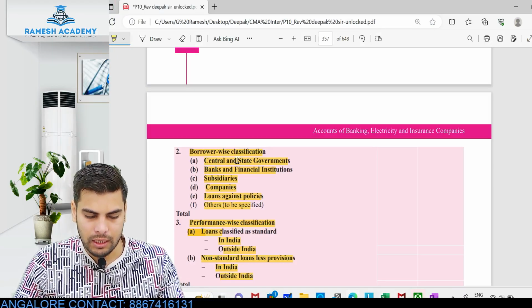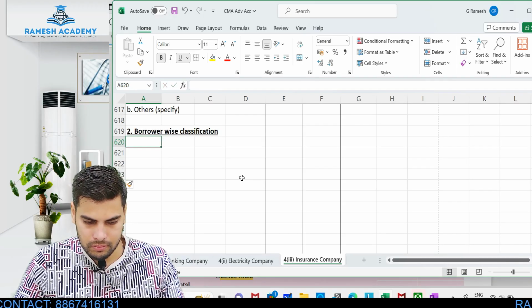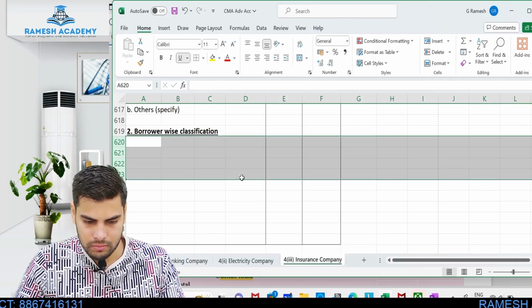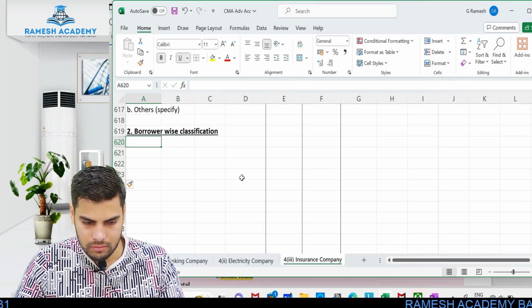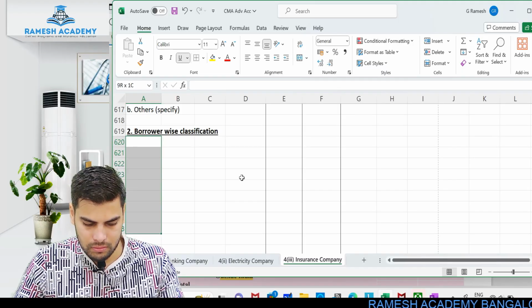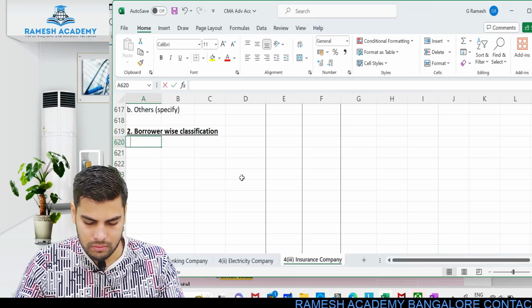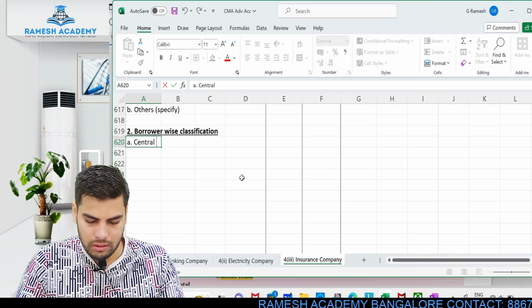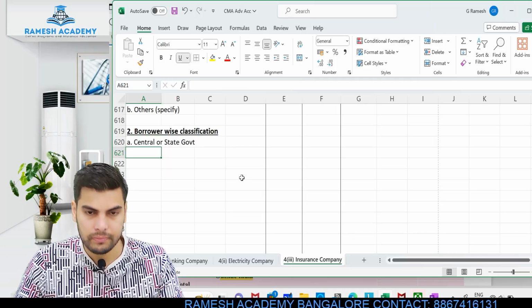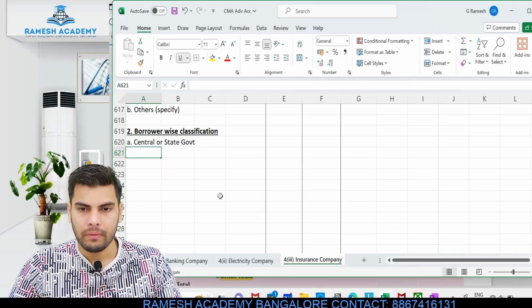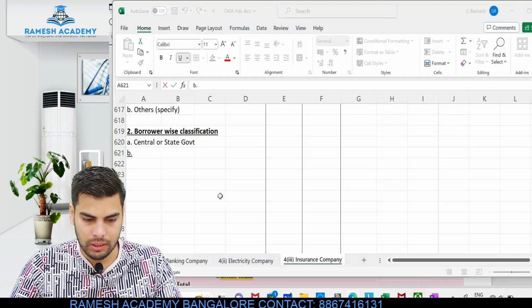First, any amount which is borrowed from the central or state government. So borrower wise classification, the amount we borrowed from central or state government.